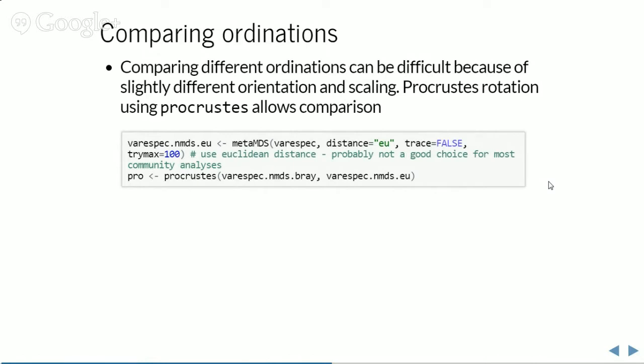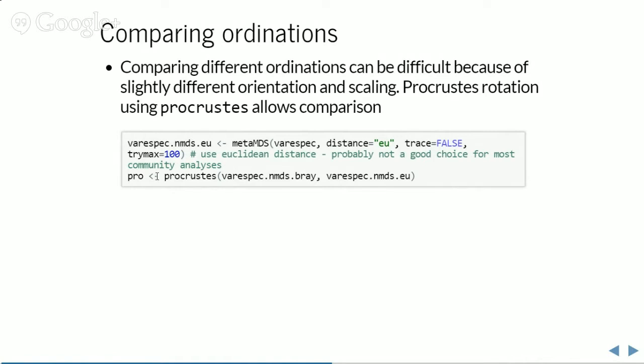So for instance, if you were trying out some different dissimilarity indices for your data and you wanted to see how that affected the ordination, aside from just holding them side by side and trying to look real carefully, then you can use this function. So here I'm just doing another NMDS. This time I'm using the Euclidean distance, which is not going to be a good choice for most community analysis, but it'll give us a really different ordination.